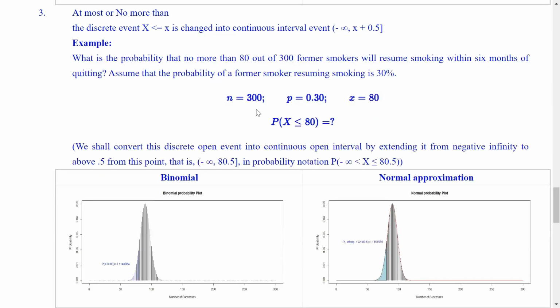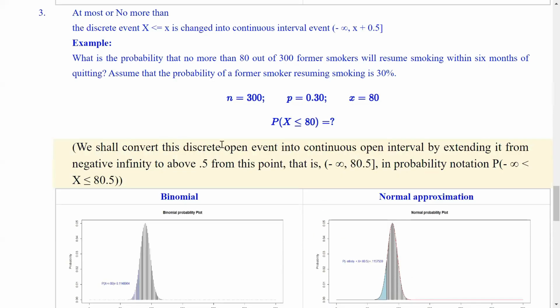Here the binomial parameters are n is equal to 300 and p is equal to 0.3. And the specified value for the random variable x is 80. We shall approximate this discrete probability x less than or equal to 80 using the normal distribution.